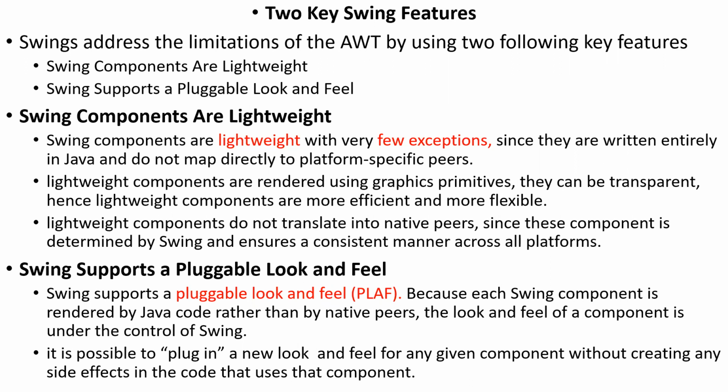With AWT, the performance will not be the same because it is platform dependent. It depends on native code resources. So obviously we can't expect a consistent manner of execution across all platforms. That is the problem with AWT.